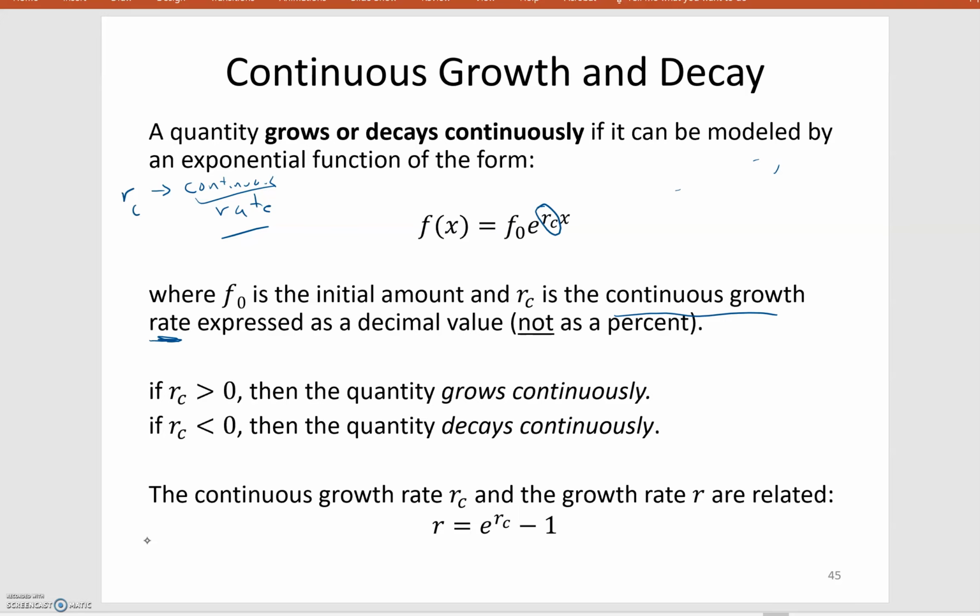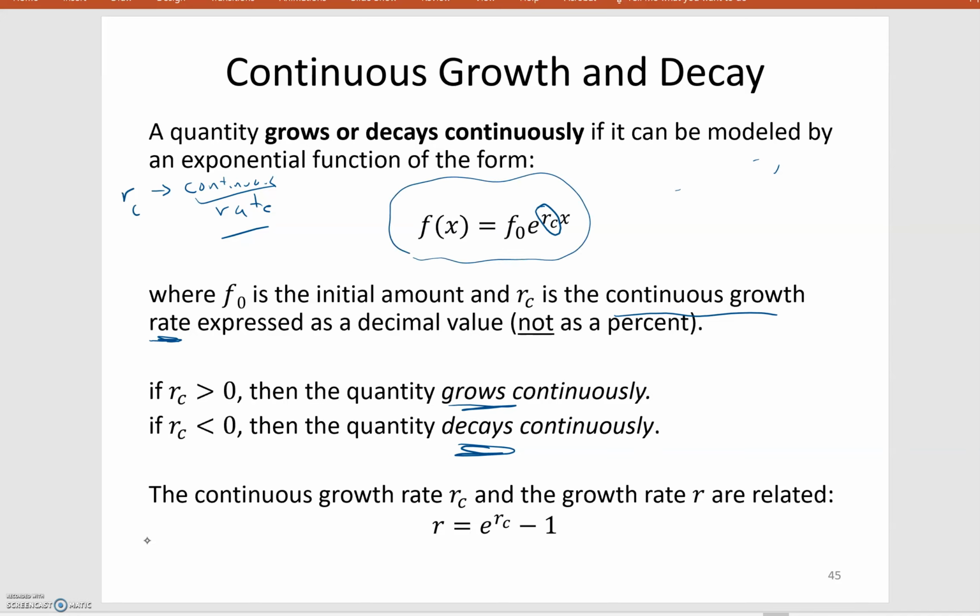Now, this can be positive or negative, and if it's positive, then we've got growth, and if it's negative, then we have decay. So this r sub c, depending on whether it's positive or negative, represents one or the other type of growth.